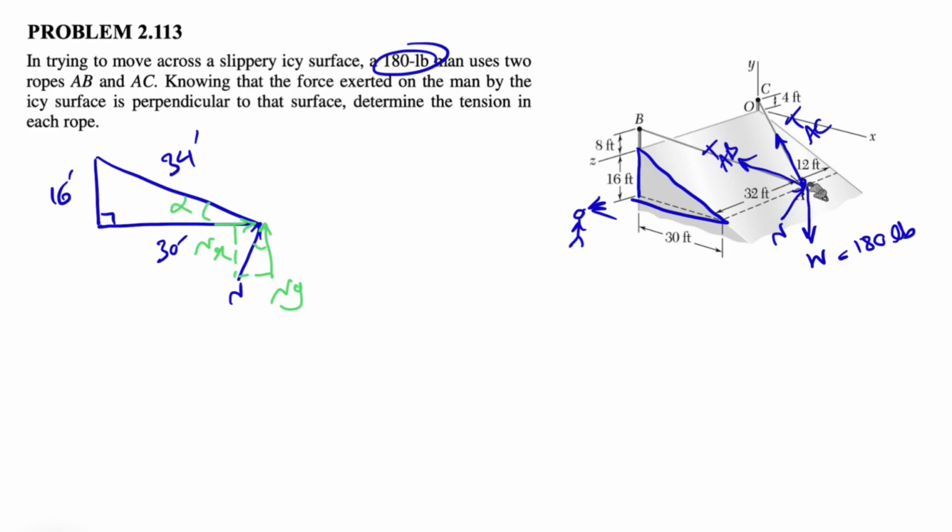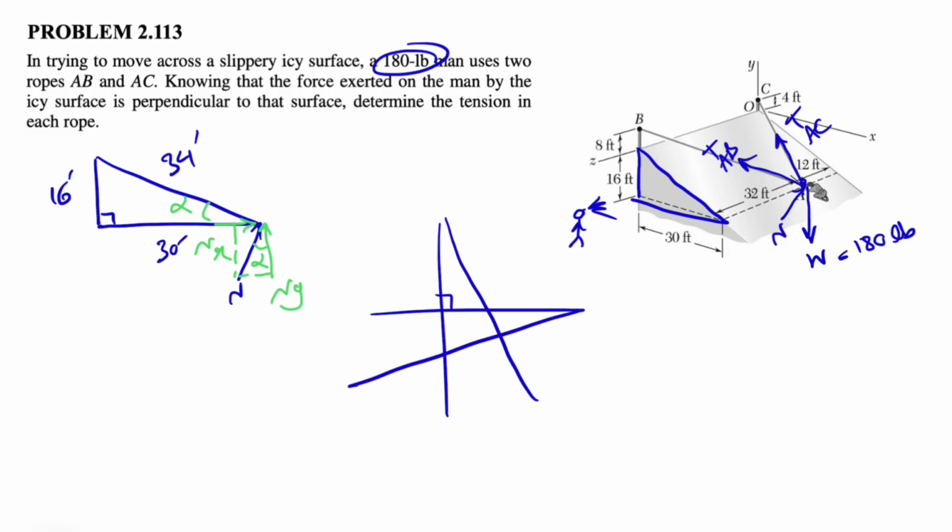If we call this angle alpha, this one would also be alpha, because of the trick that we discussed over and over on the channel: when we have two angles where each side of one is perpendicular to a side of the other, these two angles are the same. So these two angles are the same.